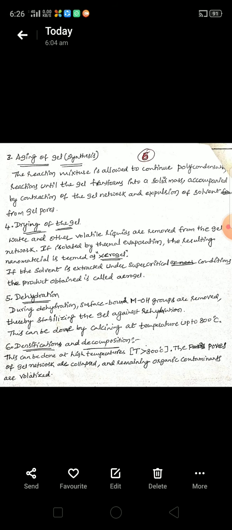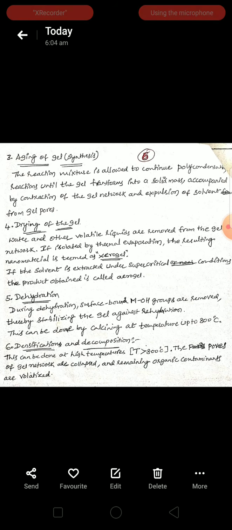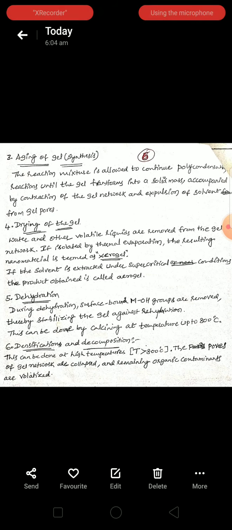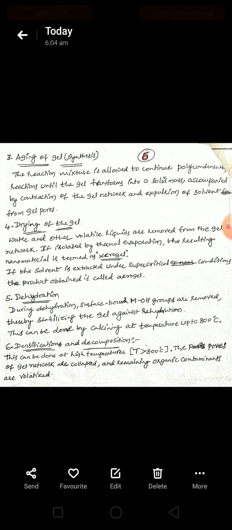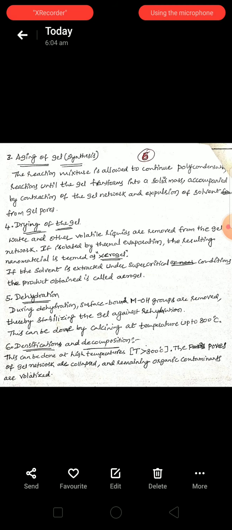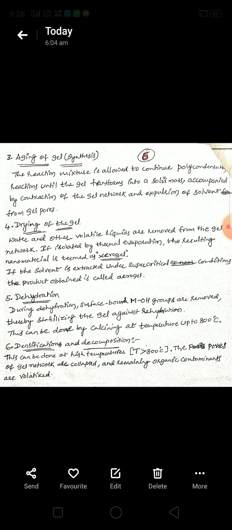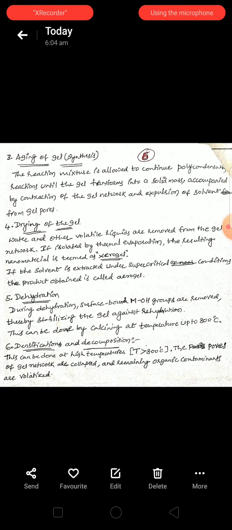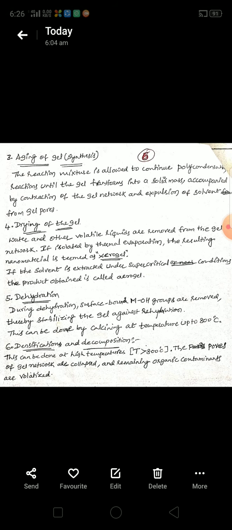When you remove the solvent, it is converted into a solid mass. This is about aging of the gel, where the solvent is removed from the gel pores.